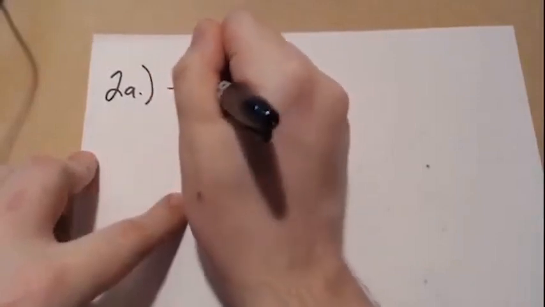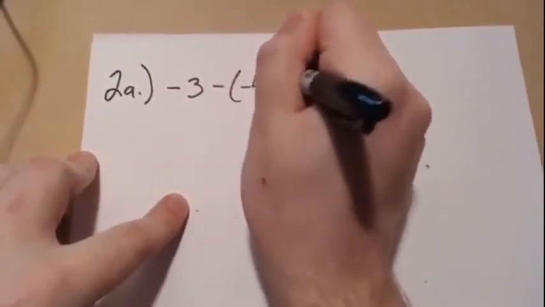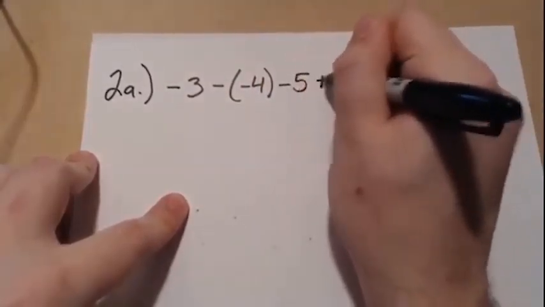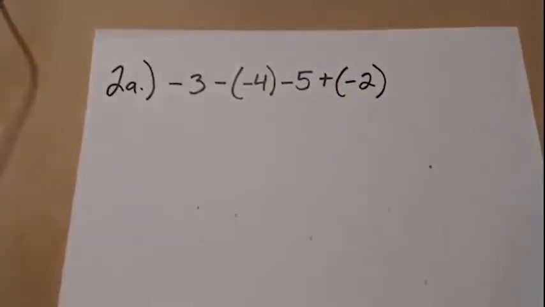To A, we have -3 minus -4 minus 5 plus -2.